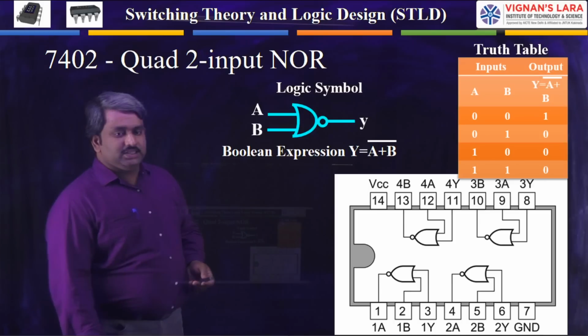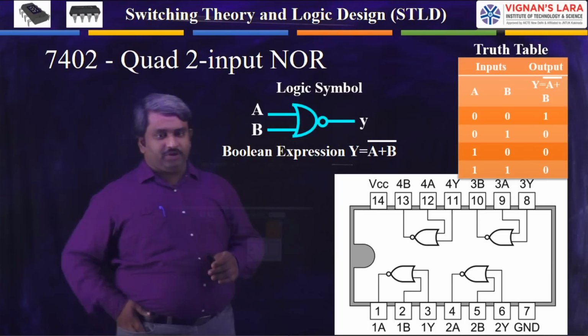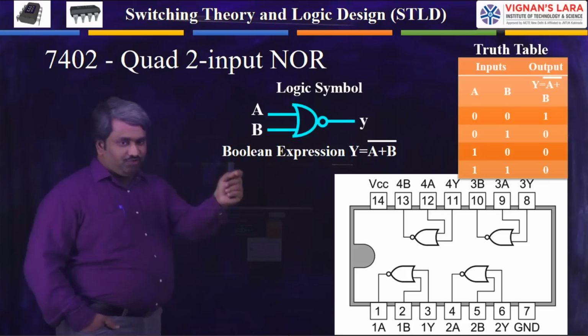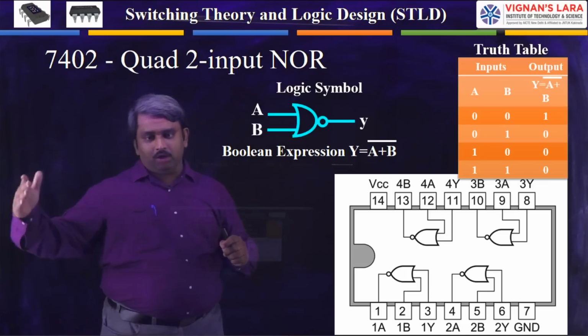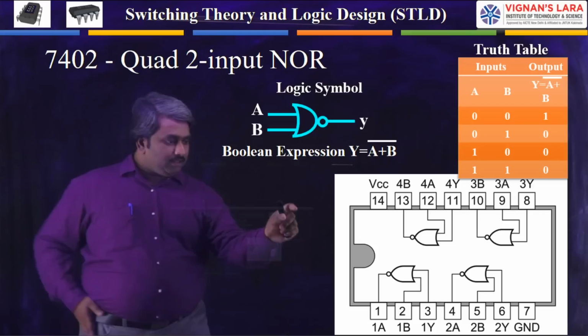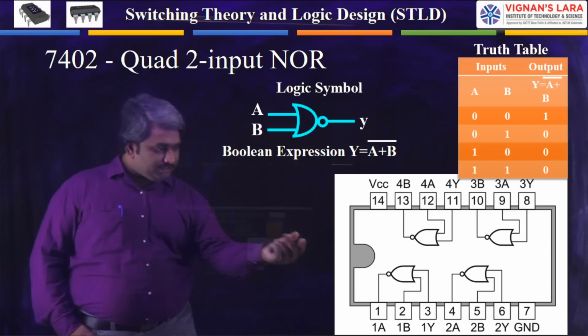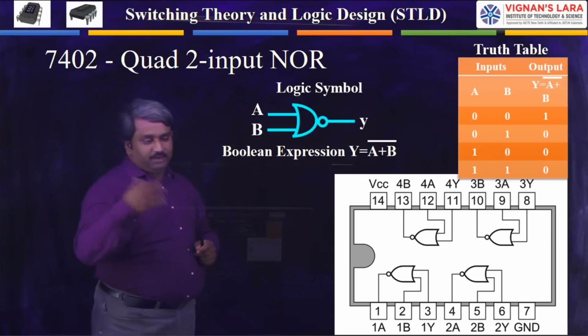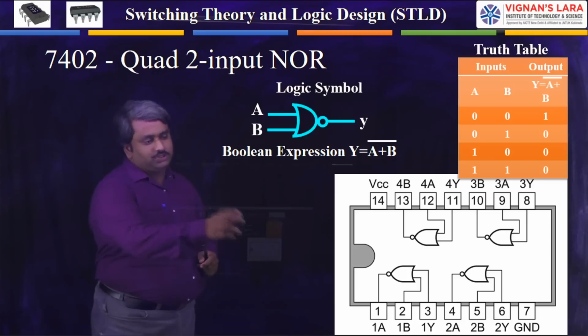Next, this is the data sheet for this NOR gate. Here we have some difference from the NAND and OR. All are the same, but see, the NOR gate is reversed here. 2 and 3 are the inputs and 1 is the output. In the previous ICs, 1 and 2 are the inputs and 3 is the output.